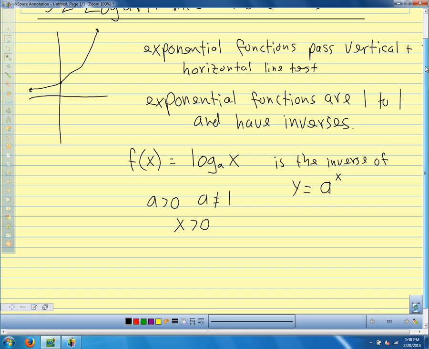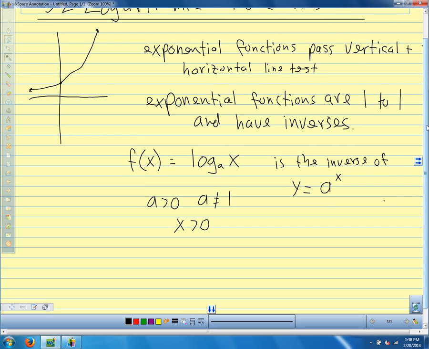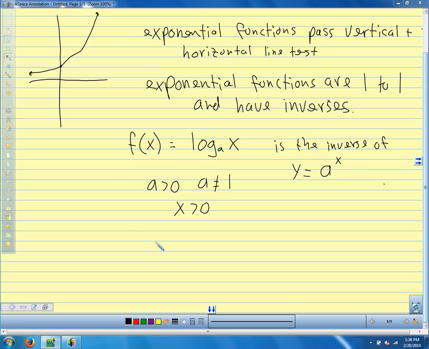And because these two are inverses of each other, what we are saying is that y equals log base a of x if and only if a to the y equals x.